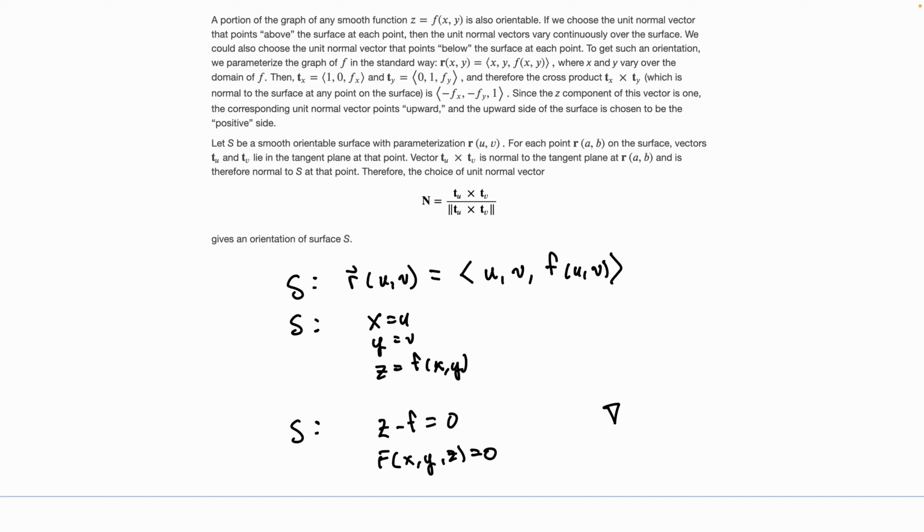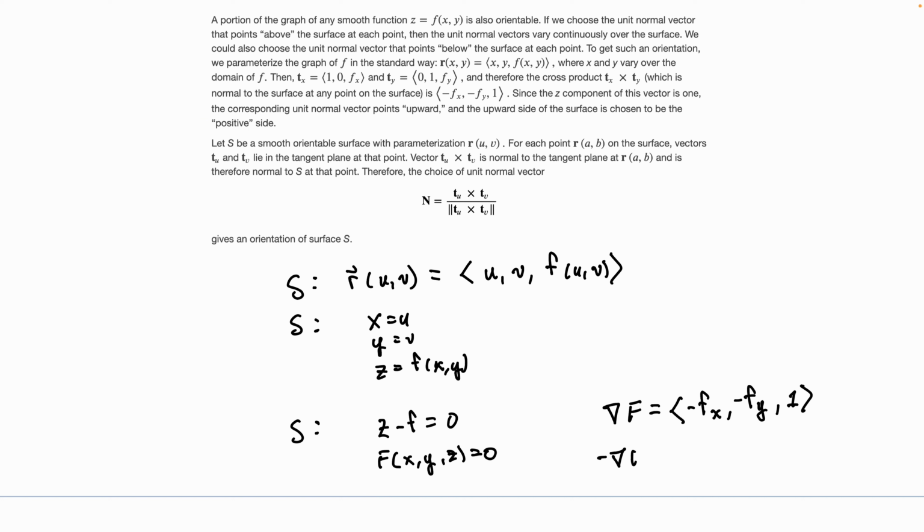So that grad capital F would be the normal direction to this level surface. Well, for grad, you have to do capital F as a partial with respect to x, but z has nothing in x, so that's just negative little f sub x, followed by negative little f sub y, and then capital F partial with respect to z is just 1.